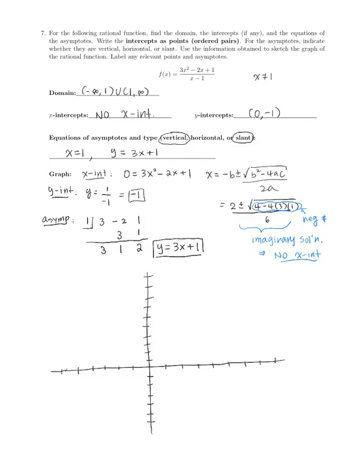Alright, so first thing, no x-intercept. And the y-intercept is (0, negative 1). So this is going to be our y-intercept. Alright, and then we're going to have a vertical asymptote at x equals 1.